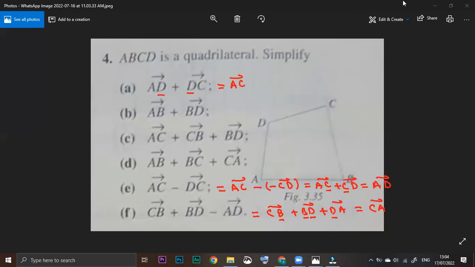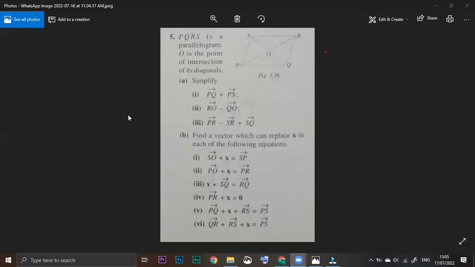Now I will give you more examples to illustrate this concept. In question number 5, PQRS is a parallelogram. O is the point of intersection of the two diagonals. Simplify PQ plus PS.